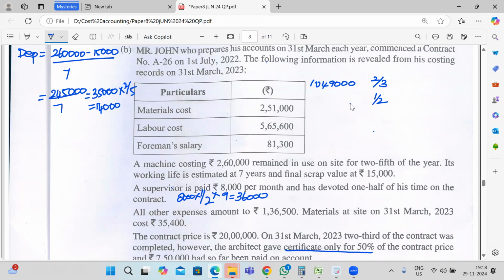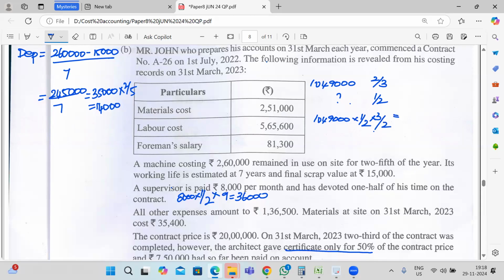So here I can calculate what this 50% equals to, and then calculate the difference, or else straight away I can calculate the difference. Either way you can calculate. Now I will calculate what 1/2 is. So 10,49,000 into 1/2, divided by 2/3. If 2/3 comes in the denominator, it will go as 3/2.